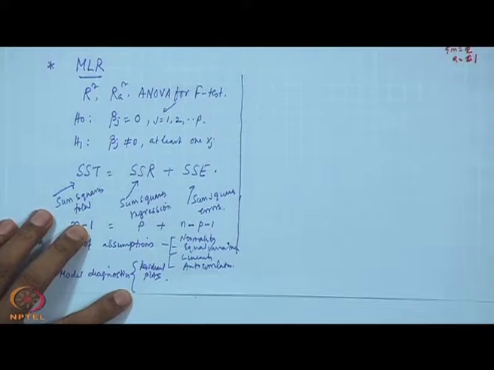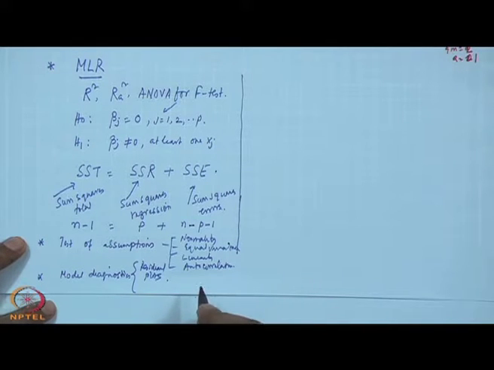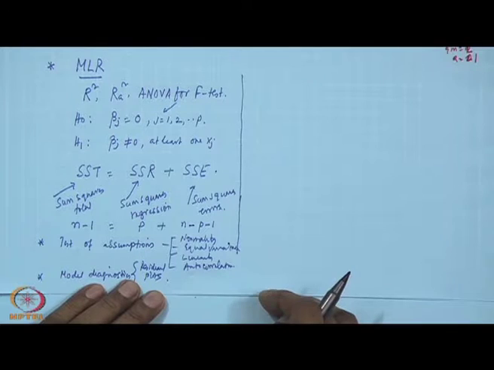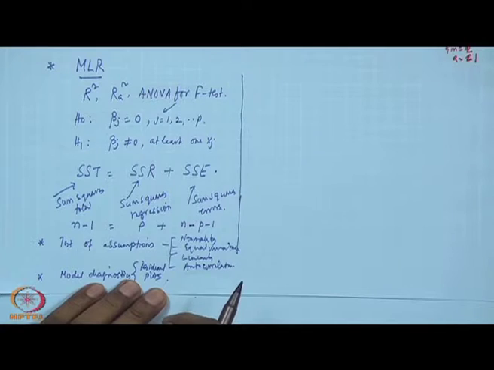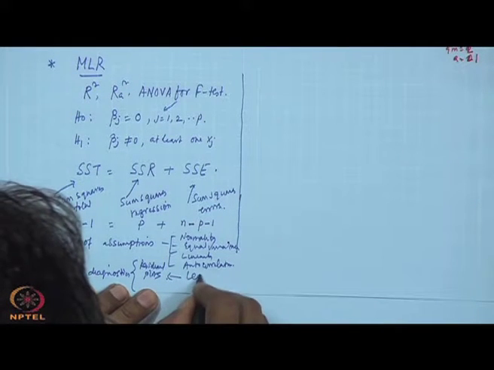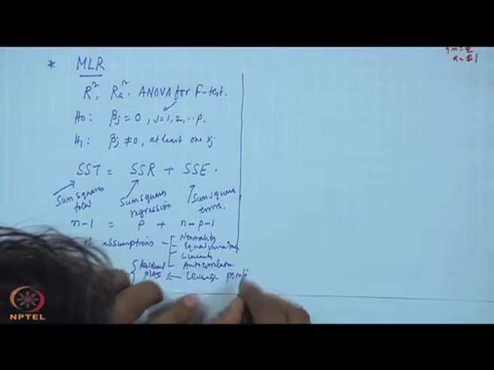And in multiple regression you find several different types of residuals, like your studentized residuals, PRESS residuals or deleted residuals, then standardized residual, then Cook's distance, then your DFFITS, DFBETAS, so many things which are for finding the leverage points, outliers, leverage points as well as outliers.